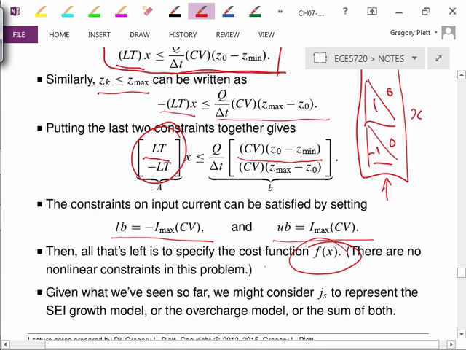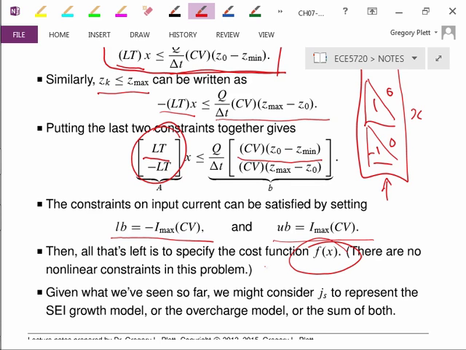In this problem, we don't have any nonlinear constraints. And given what we've seen so far, this cost function might use the instantaneous lithium loss due to SEI growth, or due to overcharge, or the sum of both. Based on future models of degradation, we could make that cost function anything that we wanted that would seem reasonable.